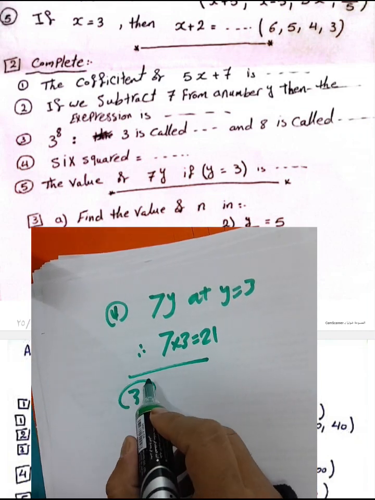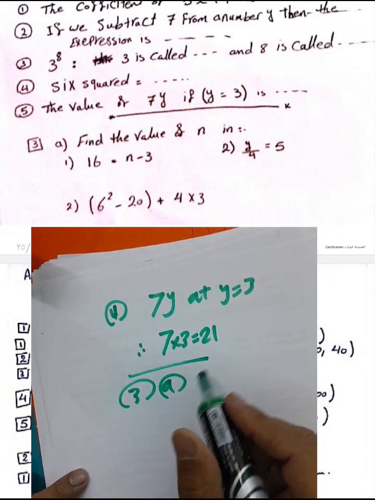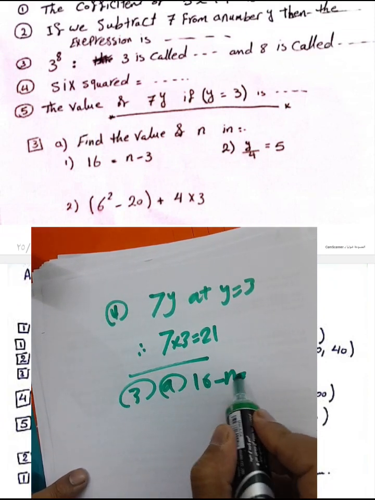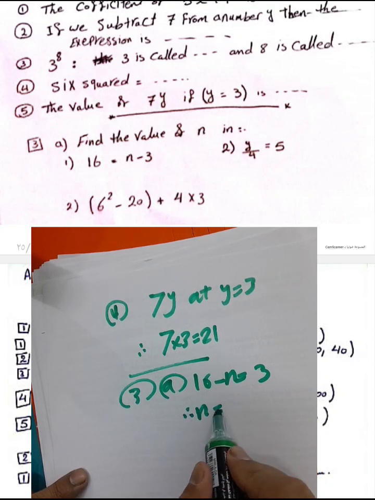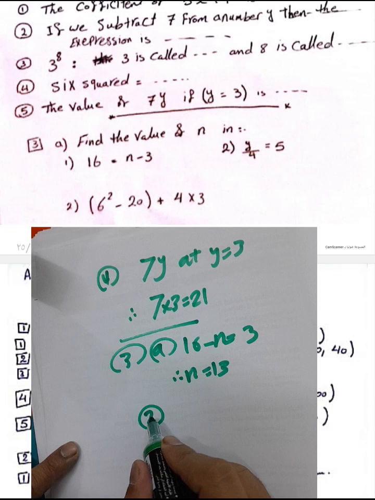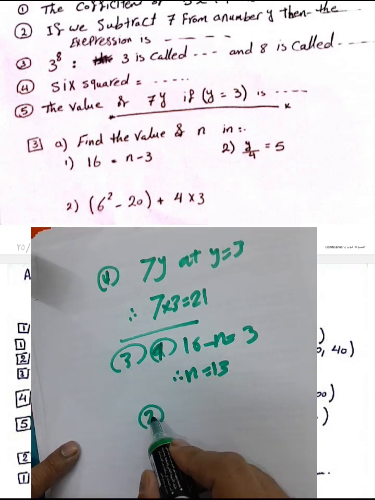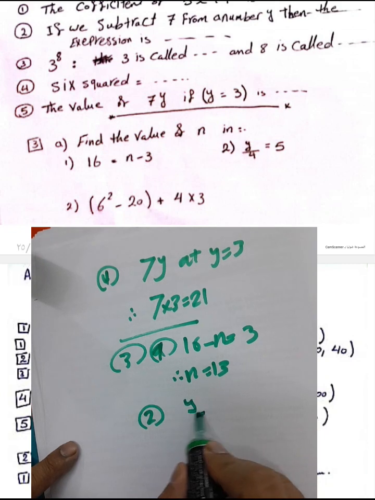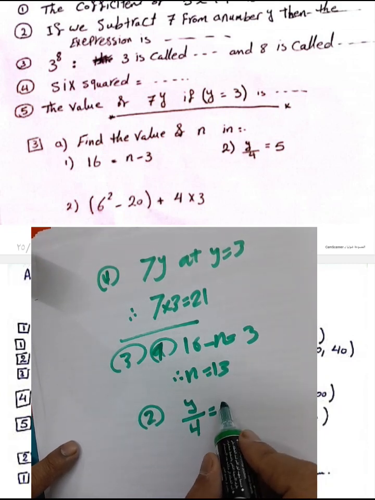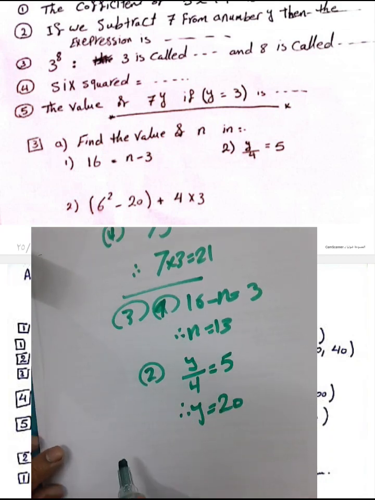Question number 3, letter A, find the value of n. If 16 minus n equals 3, then n will be 13. Letter B, y over 4 equals 5, then y will be 4 times 5, it will be 20.